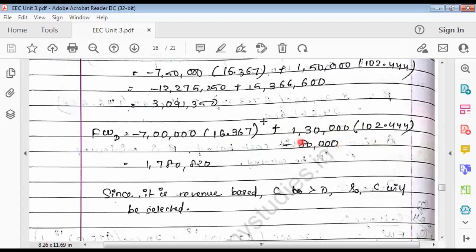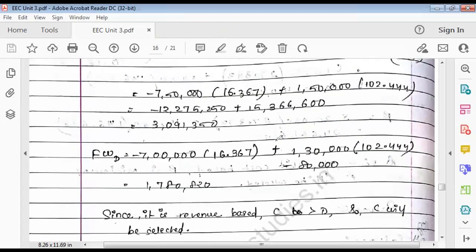102.444. Now there is a mistake here. Salvage value will be added here. This is a big blunder. It will be added. Why? Because these two are revenue components, and we must add this up.